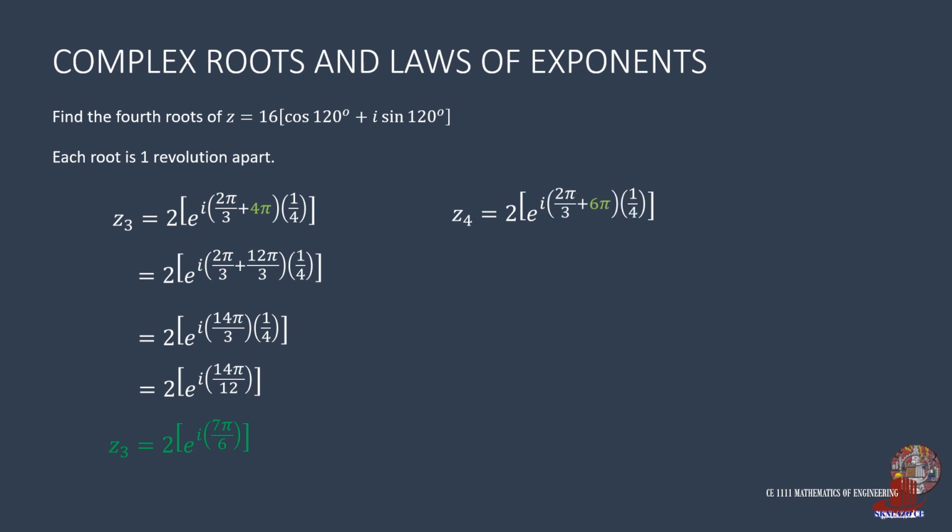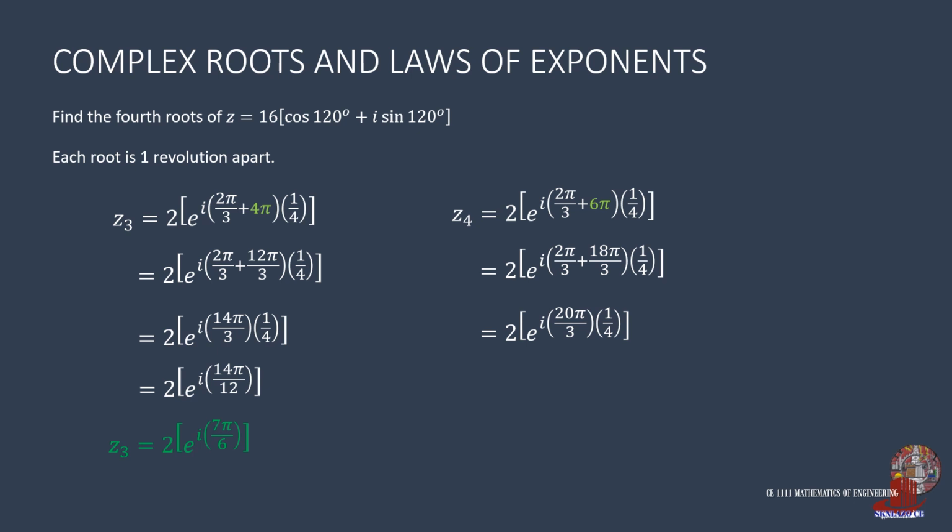The fourth root then considers 3 revolutions added to the vector's angle, that is 6 pi. Convert 6 pi into an equivalent fraction, which is 18 pi over 3. Thus, z4 is then 2e raised to i times 2 pi over 3 plus 18 pi over 3, where theta is multiplied by 1/4.